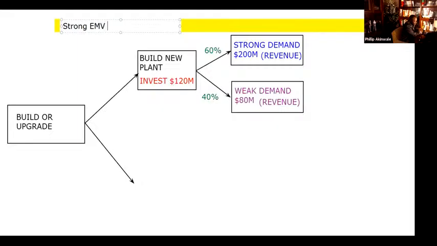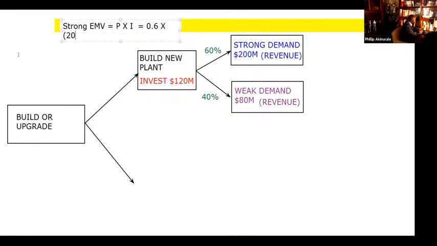And that is going to be equal to what? Remember, it is always probability times impact. What is the probability here? 60% or 0.6 in decimal, times the impact, which is the profit.